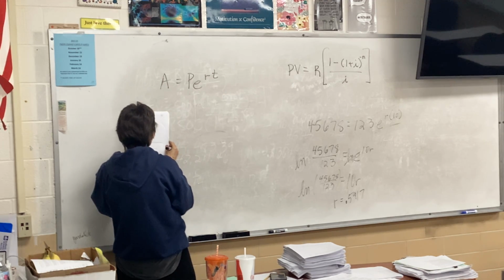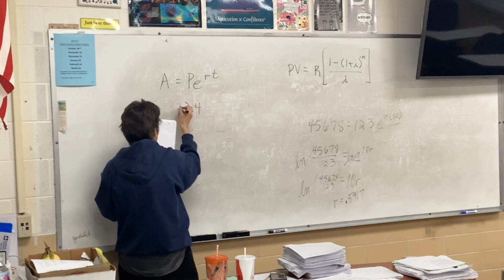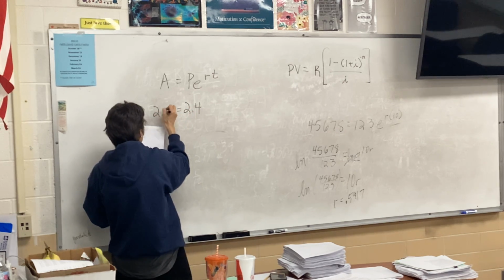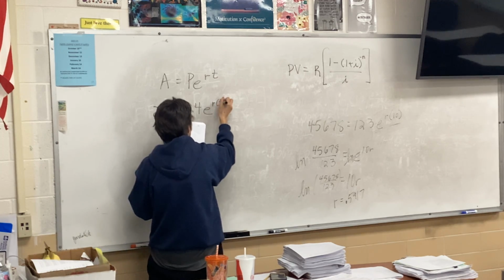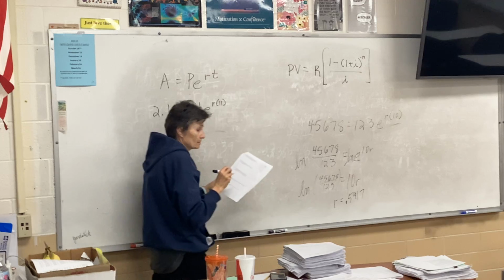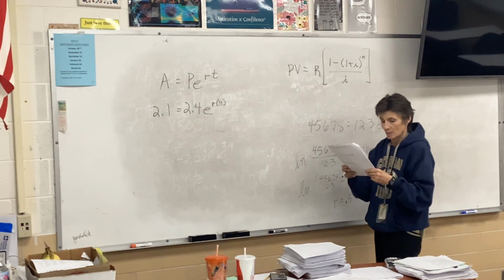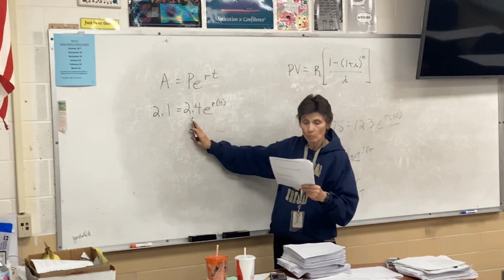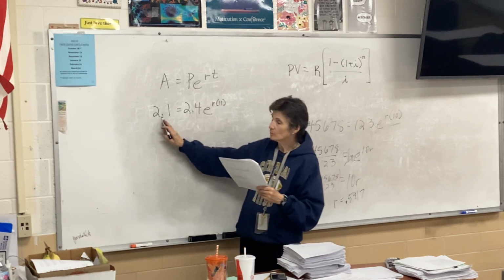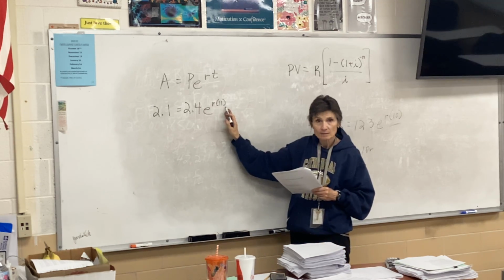And it says I go from 2.4 grams, that's my starting amount, to 2.1 grams in 11 days. So remember, this is what you start with. I started with 2.4, I ended with 2.1, and it took me 11 days.